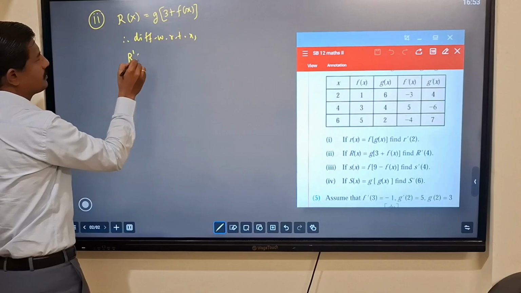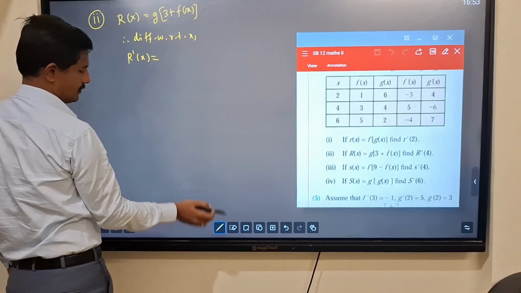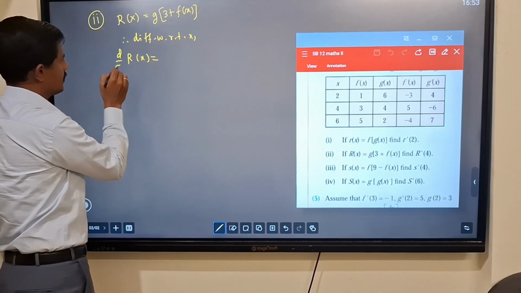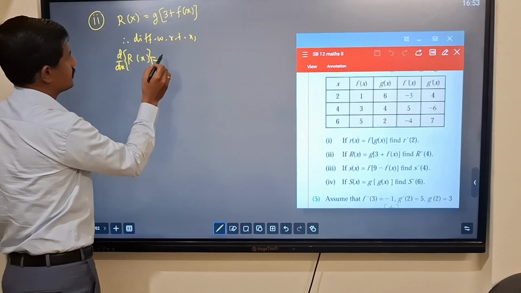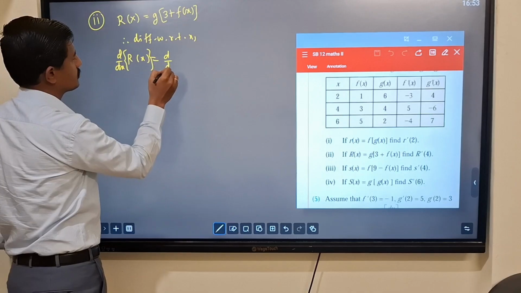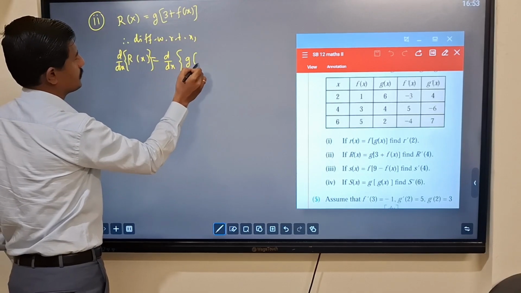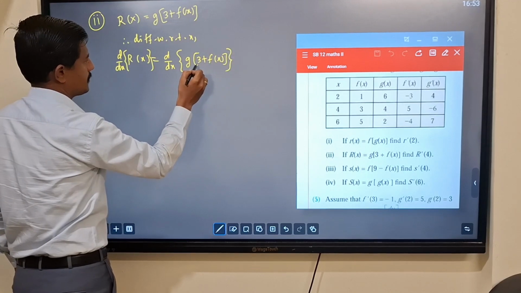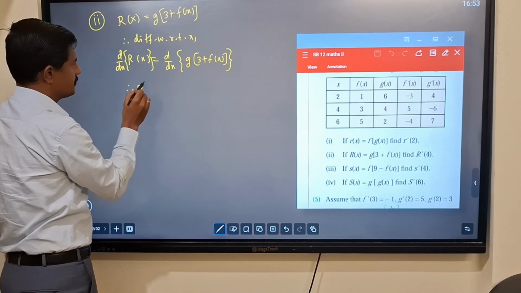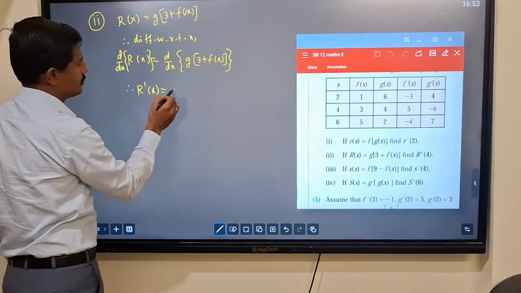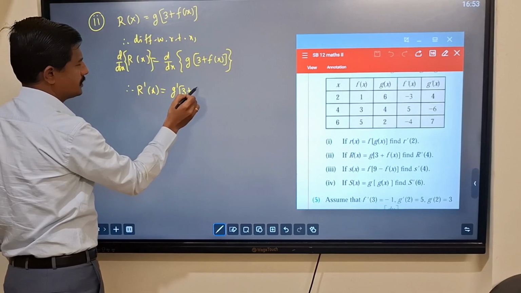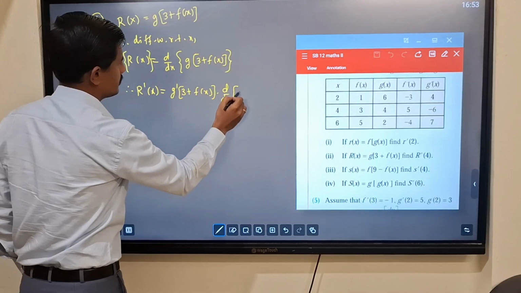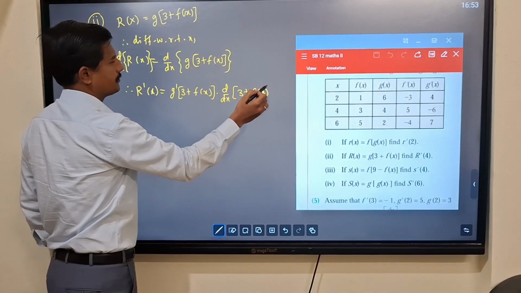So d/dx of r of x is equal to d/dx of g of 3 plus f of x. Therefore this becomes r prime of x equal to g prime of 3 plus f of x into d/dx of 3 plus f of x.